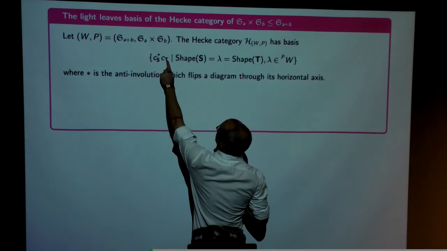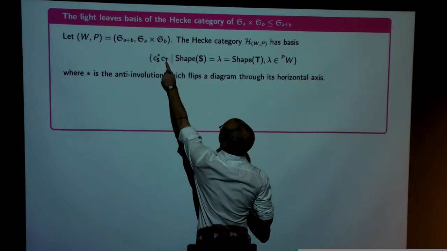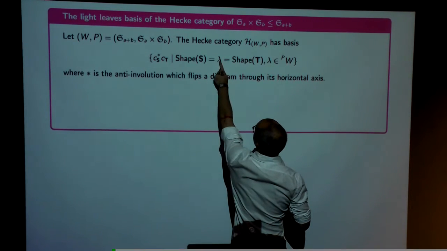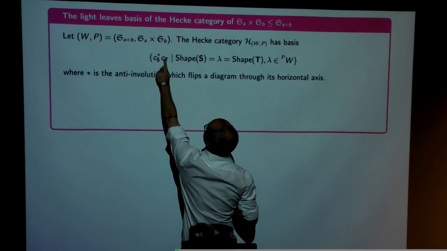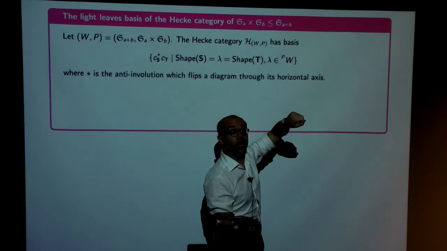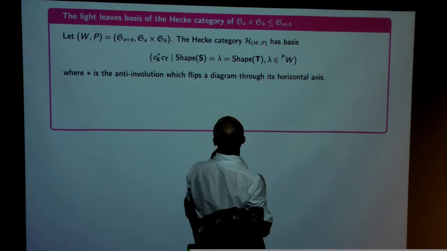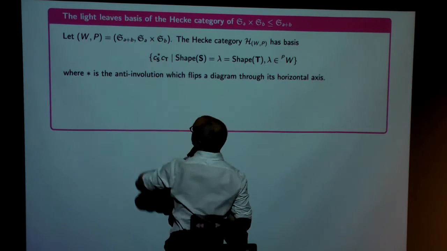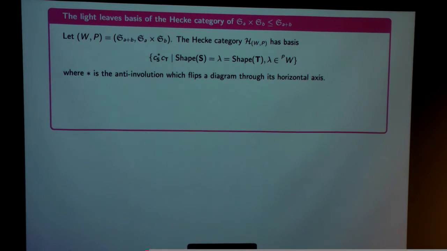I'm going to take the diagram I showed you how to construct, corresponding to a given path that terminates at lambda, and I'm going to take his friend, which is just obtained by flipping him upside down. So star means flip it upside down, put that on the other side, so that I have something of the form C_S star C_T, like so.